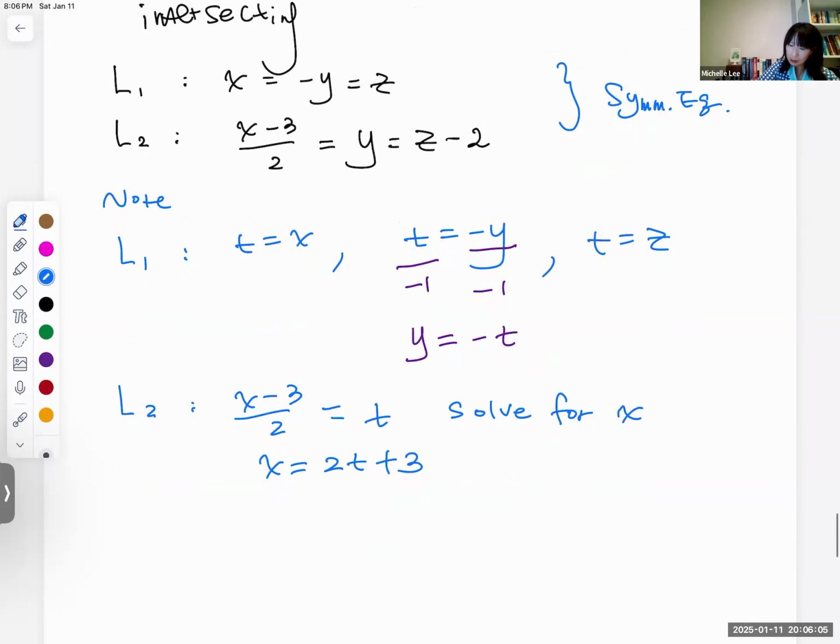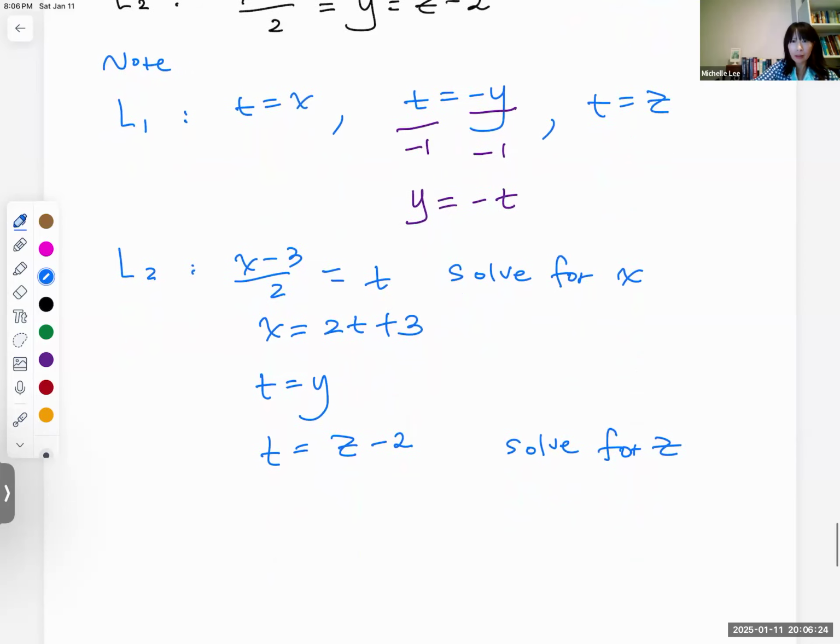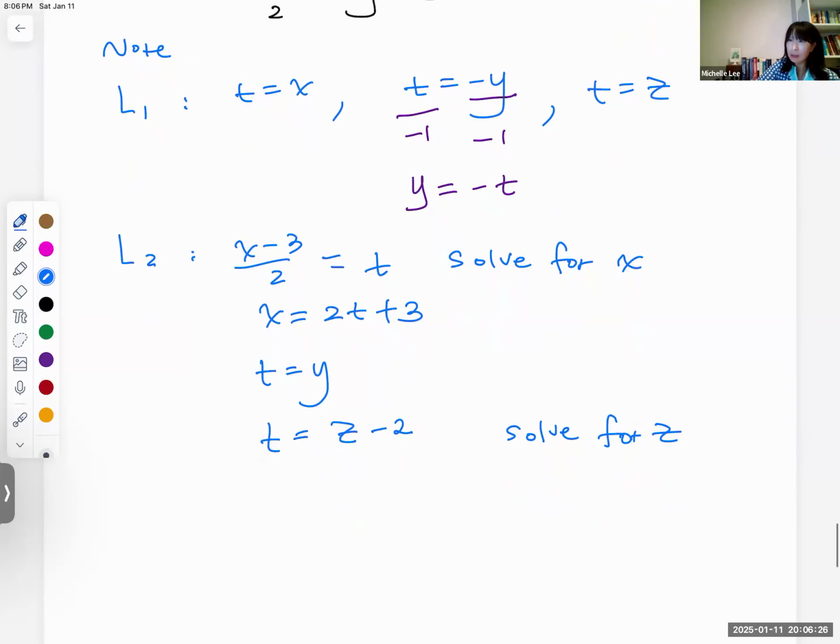Second one, t equal to y, right? And third one, t equal to z minus 2. Solve for z. Then we get z equal to t plus 2, right?